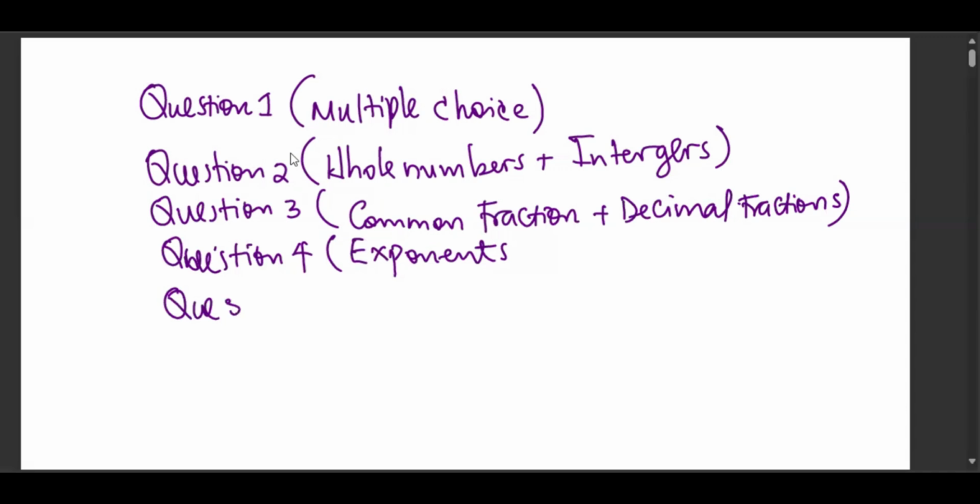Then question number 5, we shall look at number patterns and geometric patterns.